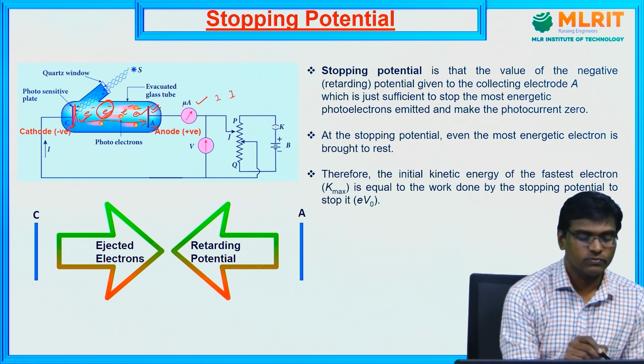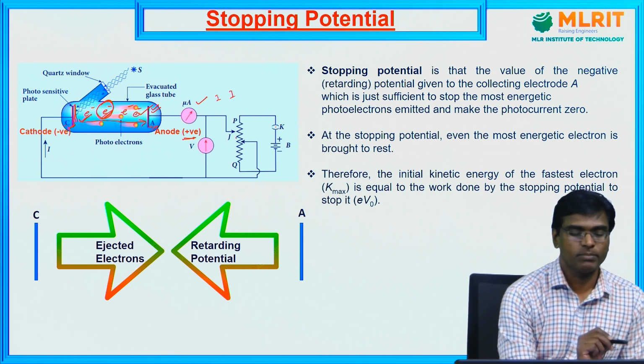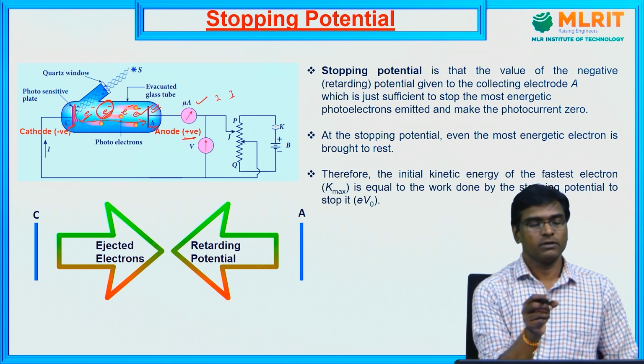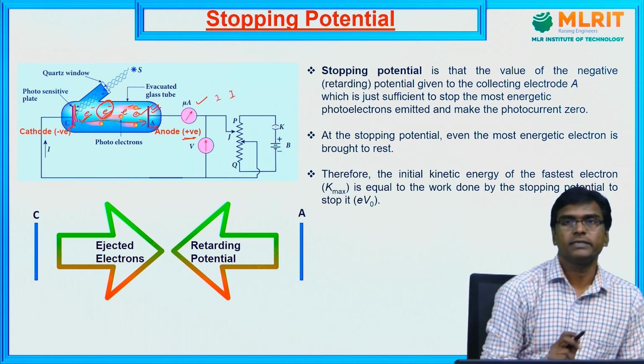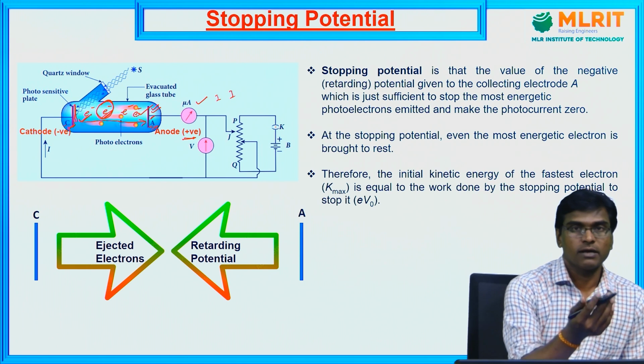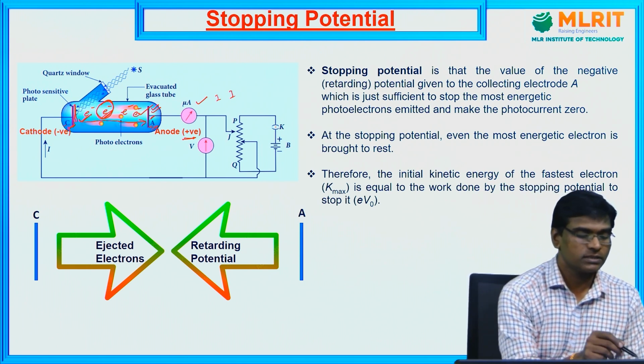In this case, we change the terminals of the battery, so we are giving a negative potential difference between C and A. This will oppose the incoming electrons, so there is a repulsive force between C and A.